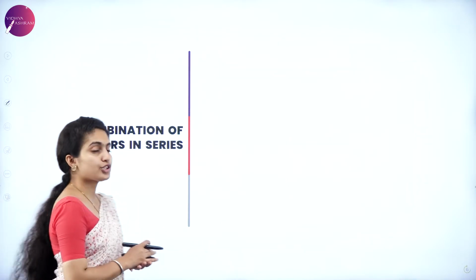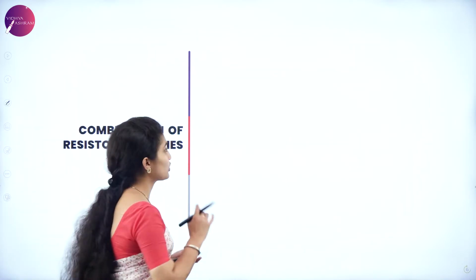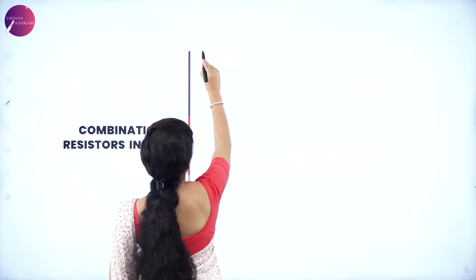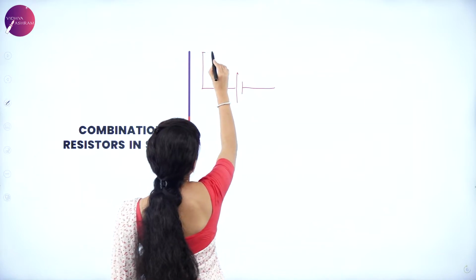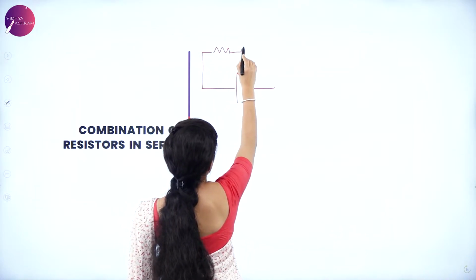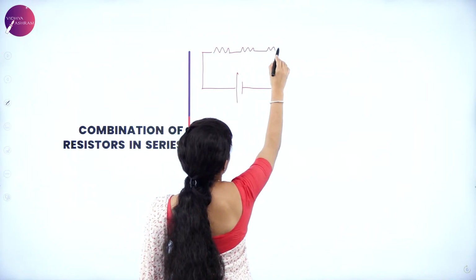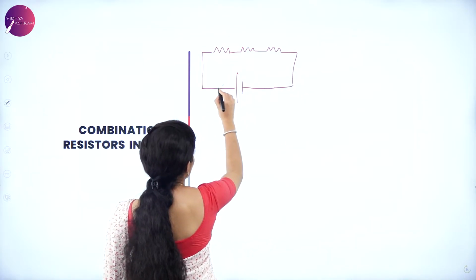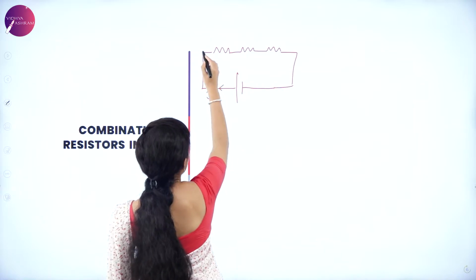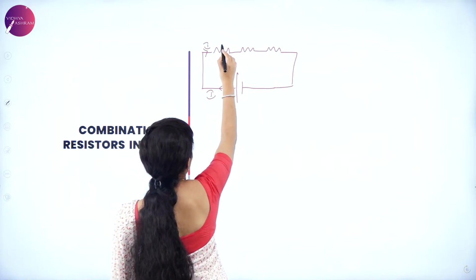So, combination of resistors in series. We have a cell which is connected to a series resistance, and this is producing a current of I. I is produced here.